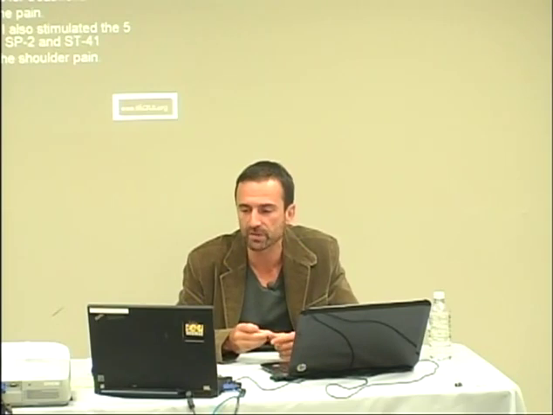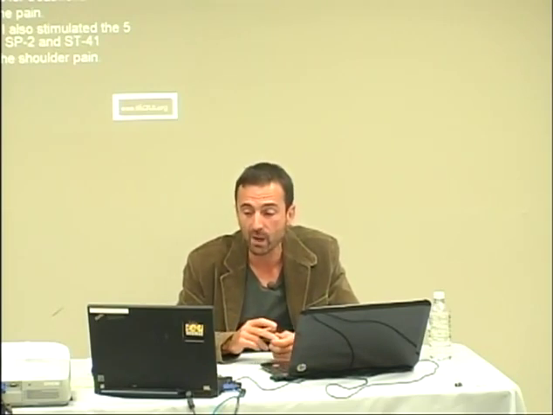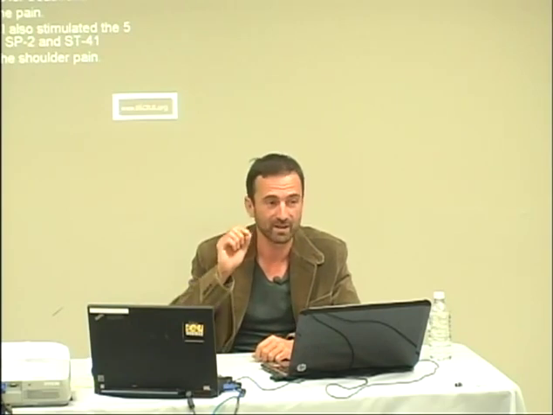So after treating these points, let's say using acupuncture, I also stimulated the five phases combination points, spleen 2 and stomach 41. Tomorrow morning, we would go through point combinations quite extensively, because you'll see the logic is amazing, and it's mainly based on the five elements of the wuxing, the five phases.